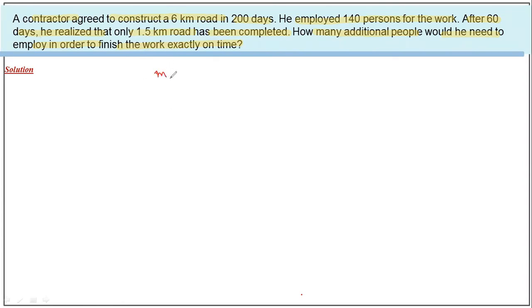So we have M1 D1 by W1, that is equal to M2 D2 by W2. Now M1 equal to 140, D1 equal to 60, W1 equals to 1.5.